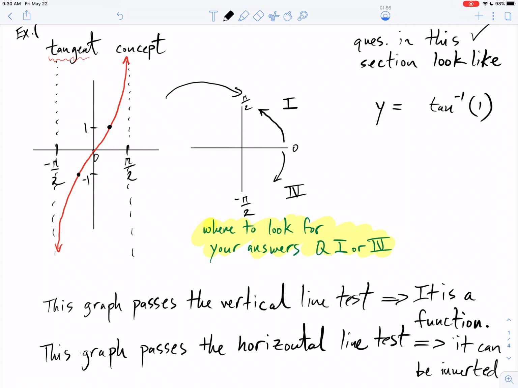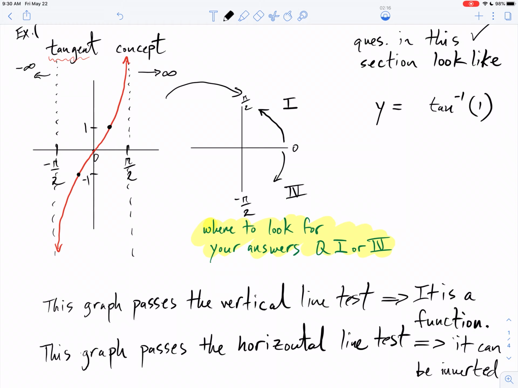But here's the thing that you have to know. Tangent doesn't just exist between negative pi halves and pi halves. It goes this way forever. It's going to repeat that pattern forever and ever. It can go this way forever and ever.